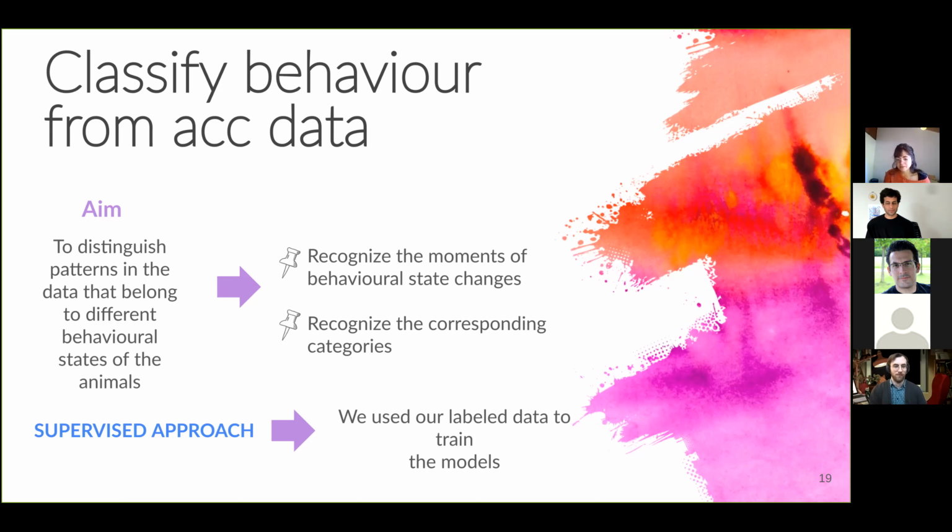We have a time series, and we want to identify the moments in which our system changes from one state to another, and then identify which those states are. To do that, we use a supervised approach: we use the labeled data that we obtain from the videos that we record to train the models.